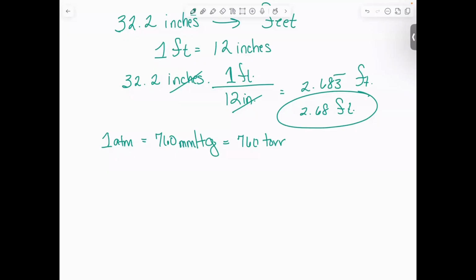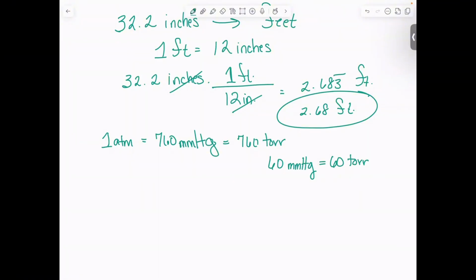And what I know about millimeters of mercury and torr is that they're 1-to-1, right? So if I have 60 millimeters of mercury, I also have 60 torr. I love it, but we can't use that concept when we're working with the other pressures.